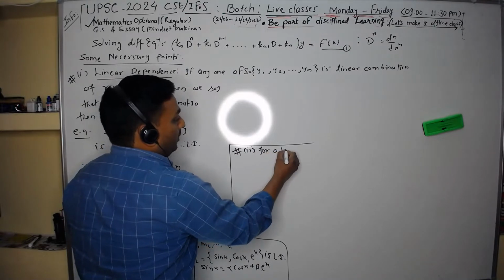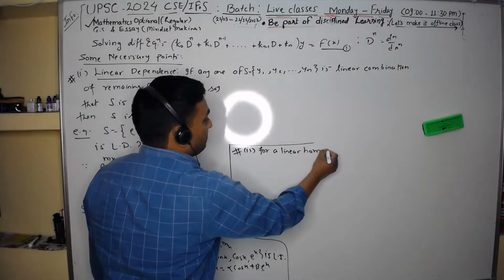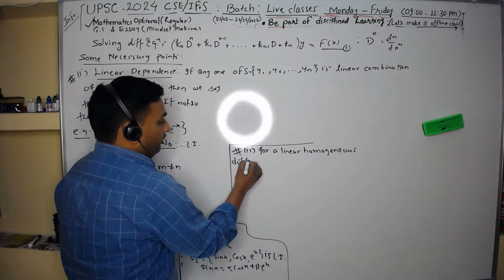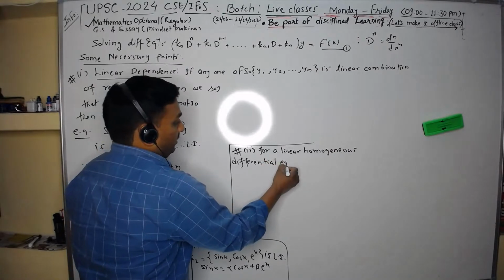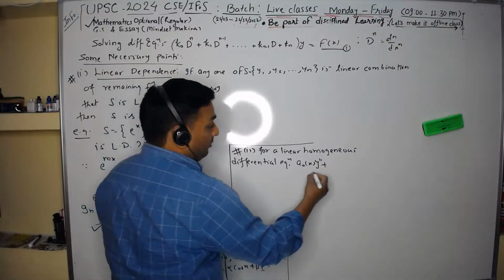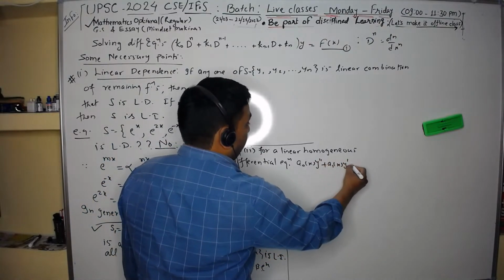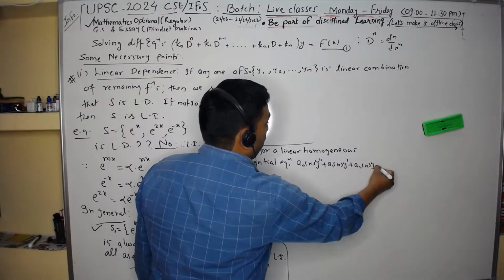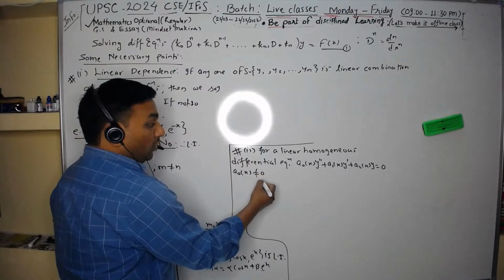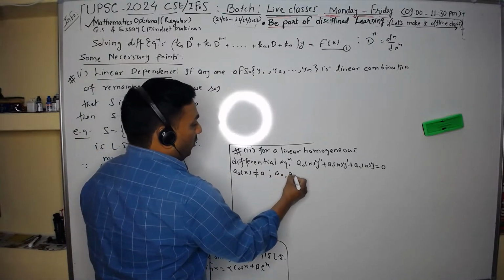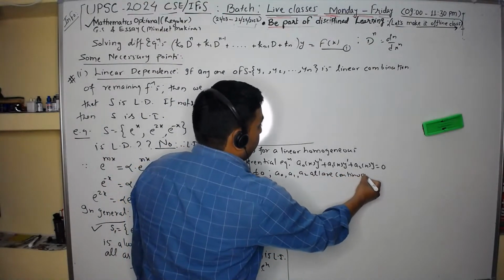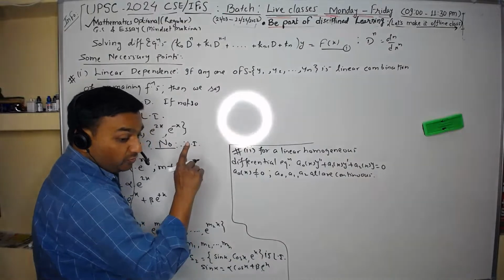For a linear homogeneous differential equation a0(x)y'' + a1(x)y' + a2(x)y = 0, where a0(x) is non-zero, and a0, a1, a2 are all continuous. Let's see what happens.